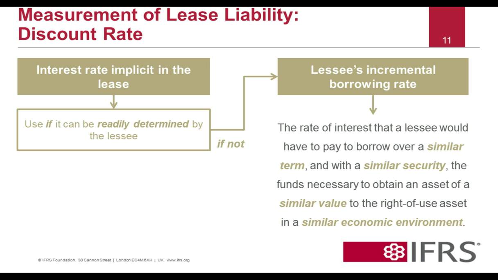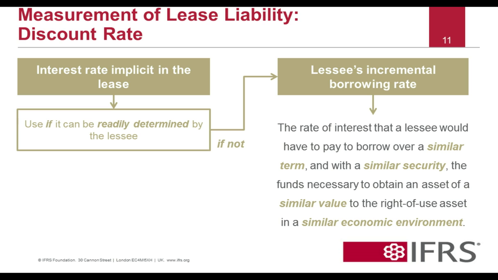So, for example, if a company leases lots of a particular piece of equipment in the same territory over the same period, then all of those leases might have similar contractual terms. And in that case, an entity will be able to apply the same incremental borrowing rate to all of those similar leases. And it may well be that there will be several such groups of similar leases and therefore several different incremental borrowing rates used across a company.